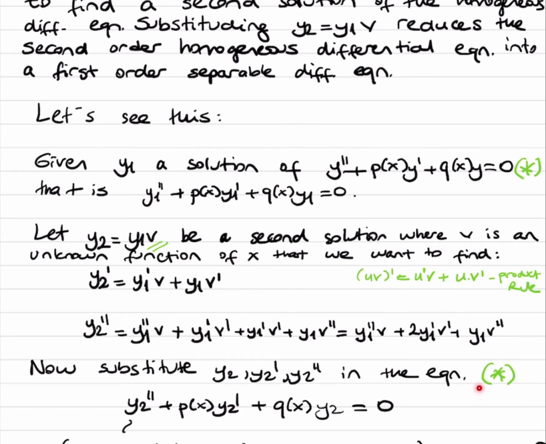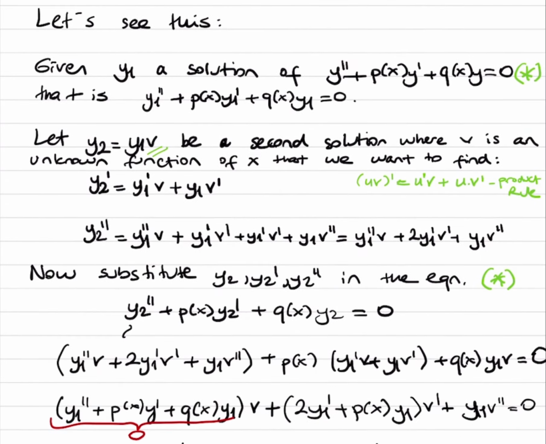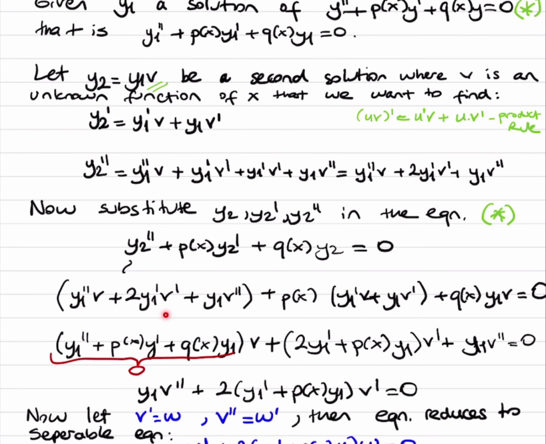Now we substitute in the equation star. We just substitute y2 double prime, y2 prime, and y2 in the equation. Great.